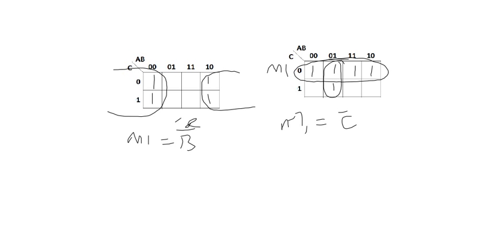Now the other grouping we had to use to get that bottom one, it's only a grouping of 2. There's no way we can get a grouping of 4 there. So it's going to have 2 variables to it.